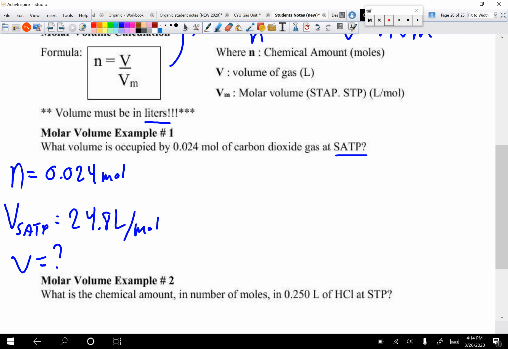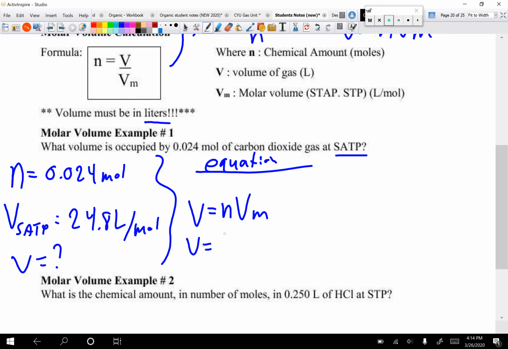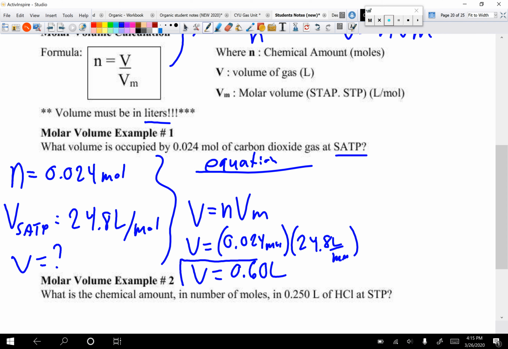So we can either use dimensional analysis or equations. So our equation way, of course, once we have our variables, we have our rearranged equation. V is equal to N Vm. So we can put this in. And we can get a volume of 0.60 liters. So that works.